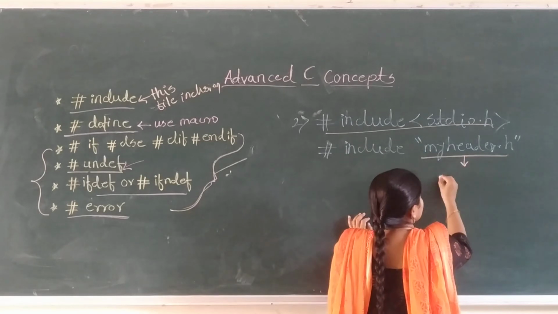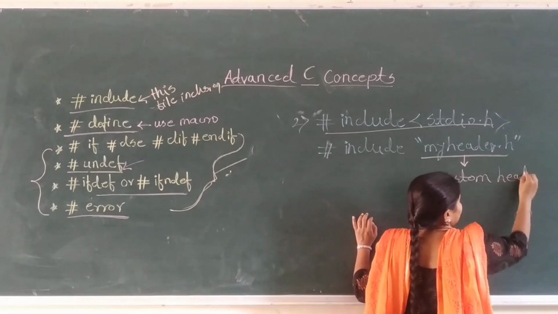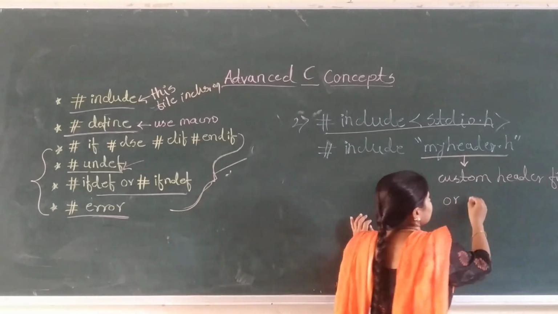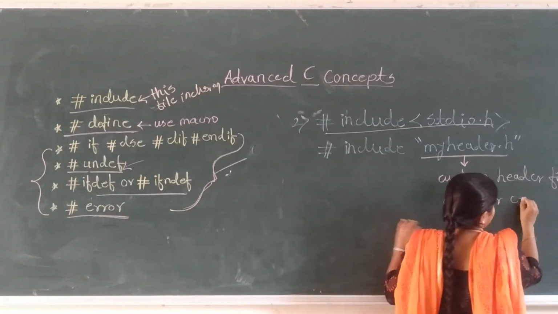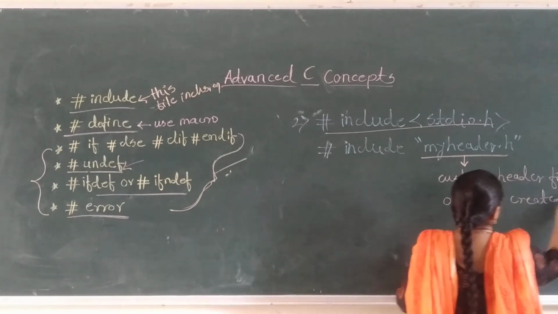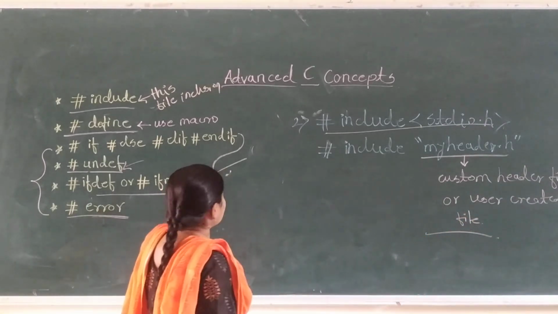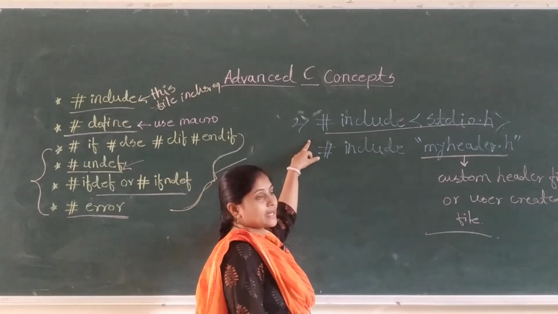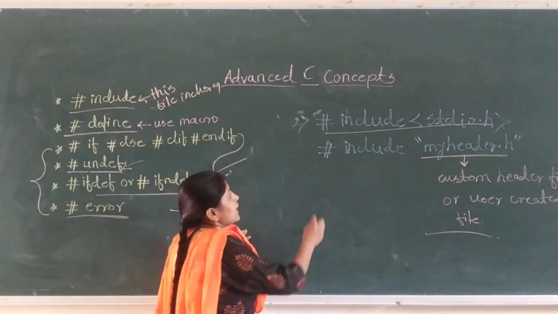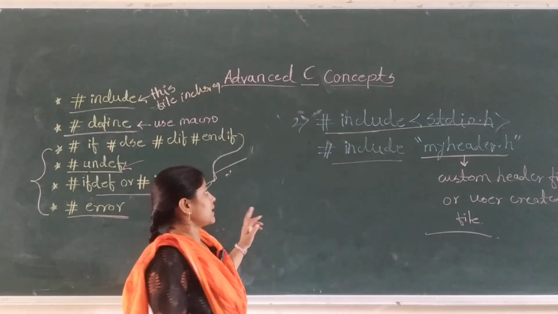And hash include my header.h is a custom header file or user created header file. So these are the file inclusion directives. In that, hash include and hash include my header, there are two types.